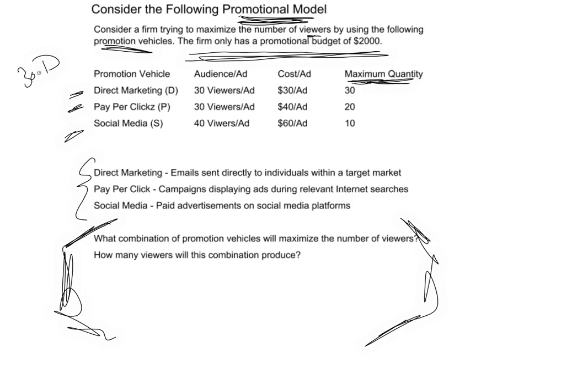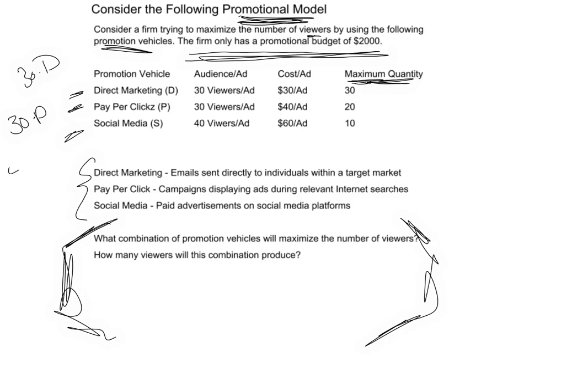So if I go 30 times D, that's going to be a measure of how many viewers I get from all the units of direct marketing. And I can also have these pay-for-clicks, which also produce 30 viewers per unit. And so if I do 30 times P, that's the amount of viewers from that type of promotional activity.